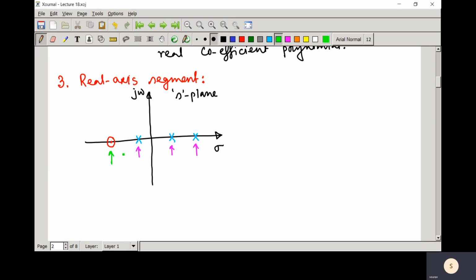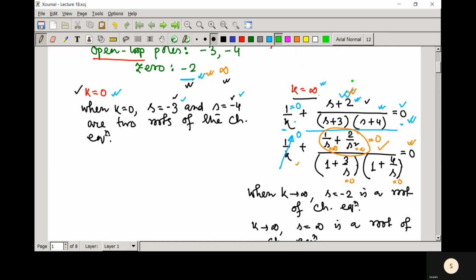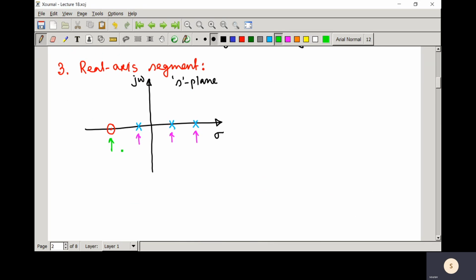The reason is when k tends to infinity, one of the closed loop poles will tend to the 0 location, and the other two branches will go to infinity. In this particular case, as we have taken only one finite 0, one of the branches will end up at this finite 0 location. The other two branches will go to infinity.